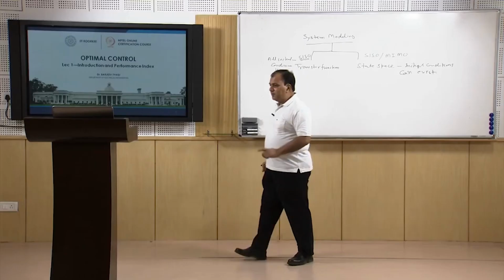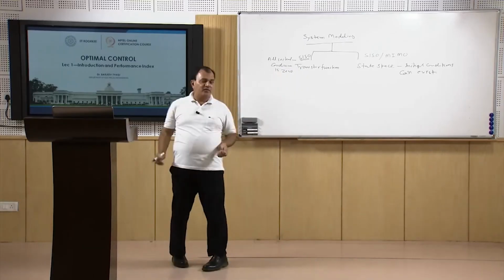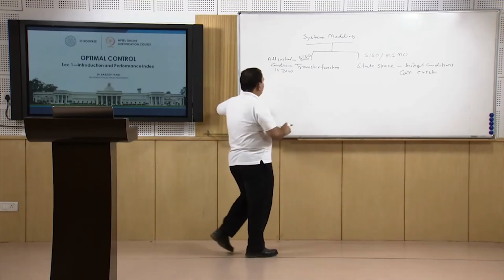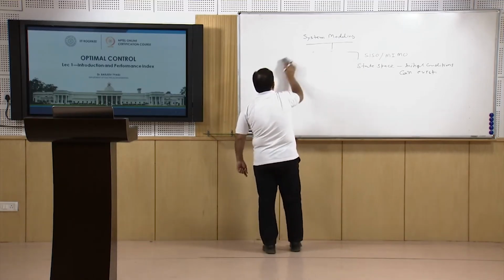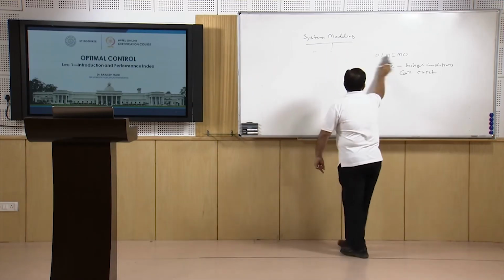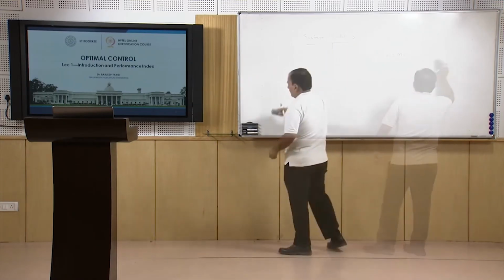So, state space representation is more general in nature. Therefore, we utilize state space modeling to represent a system or to formulate a problem for optimal control.